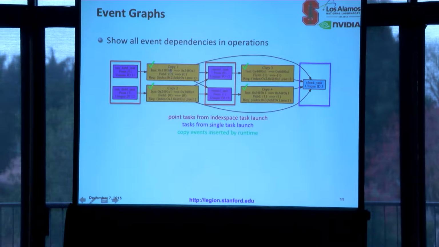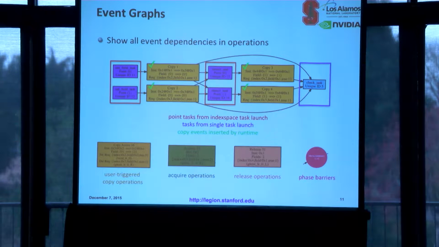So these copies are not the programmer's duty, but somehow the runtime found that we need a data movement between these two tasks. This kind of stuff is not visible to the application program itself, so you sometimes need to generate this event graph to see what types of copies were inserted by the runtime.